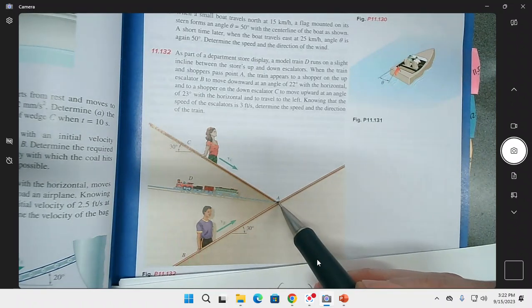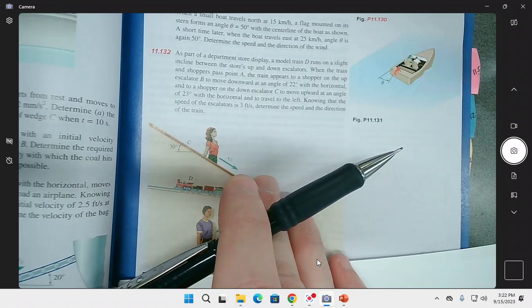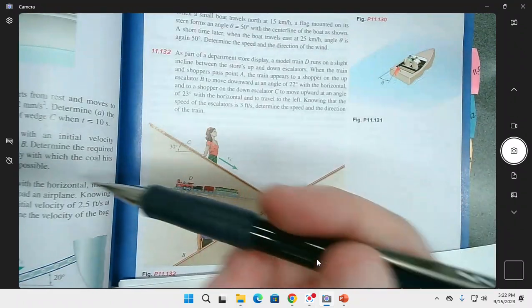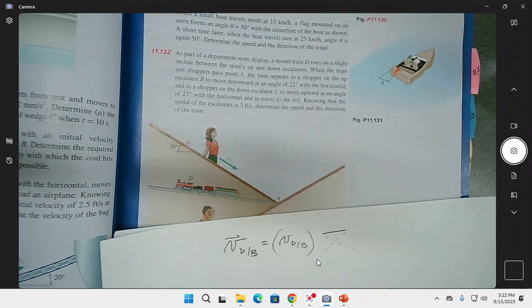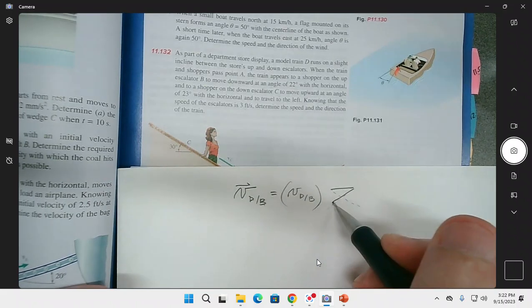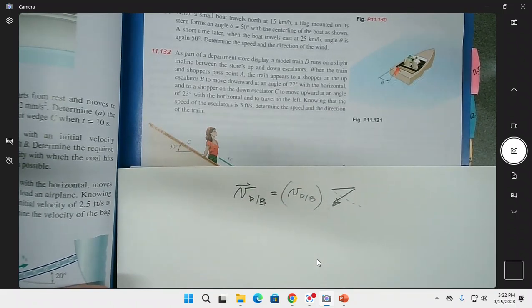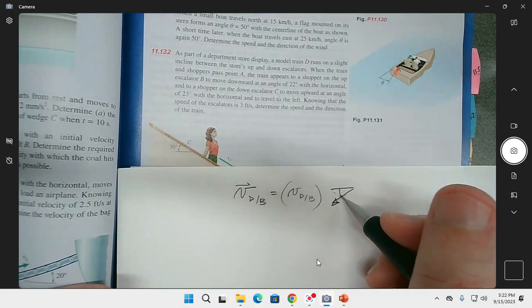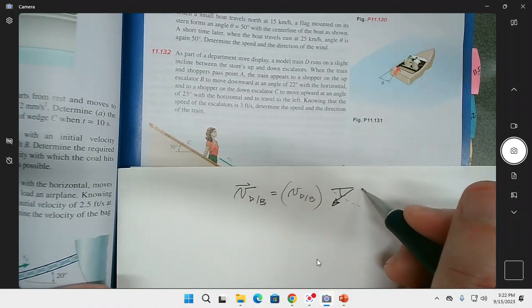When he gets to right here, he's coming up this way, but it appears he's going down that way. So I think it's going to be going this way right there. That makes sense to me. That right there is going to be the 22 degrees.